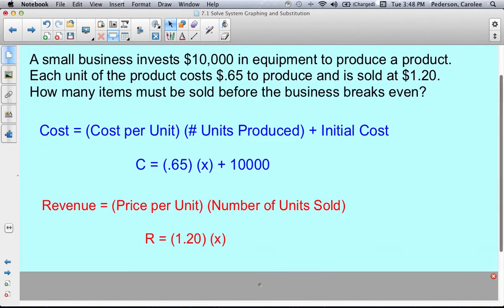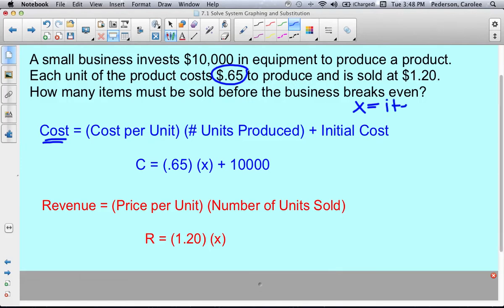So here's a little review for you. The cost is the cost per unit, so in this case 65 cents. This is our cost equation, times the number of items produced, so that's your variable x, are your items, and then plus your initial cost.